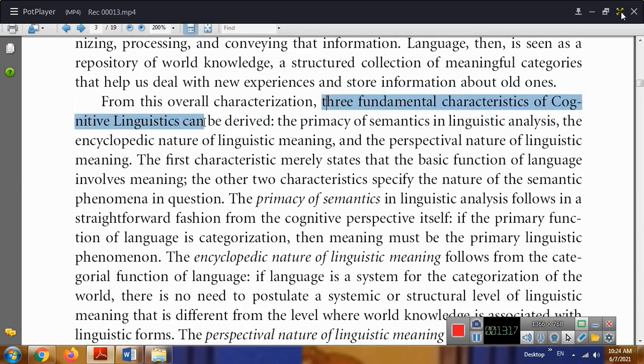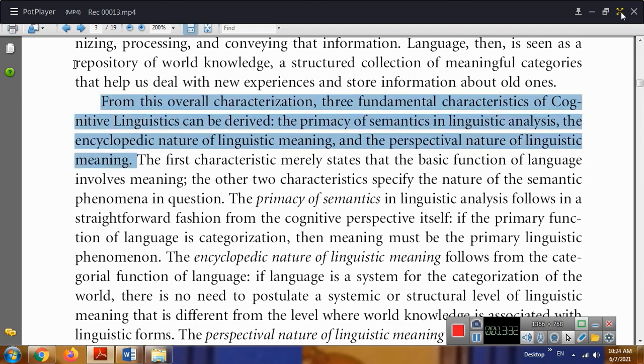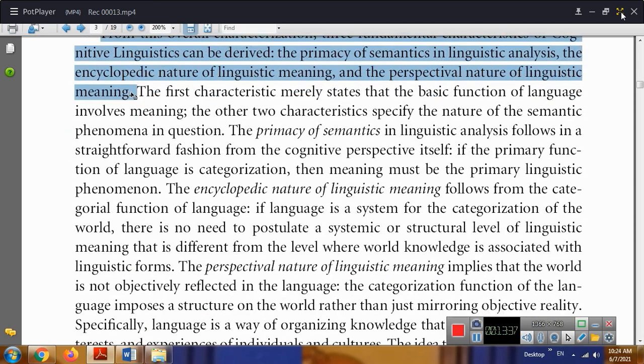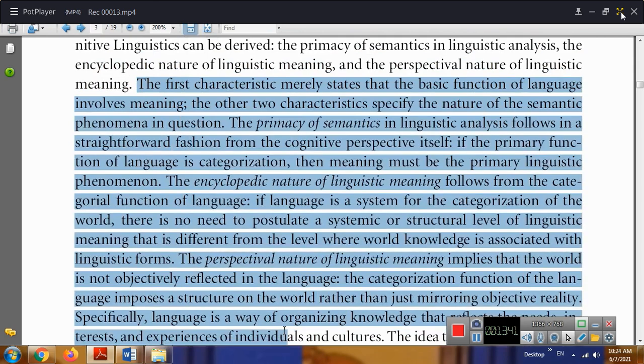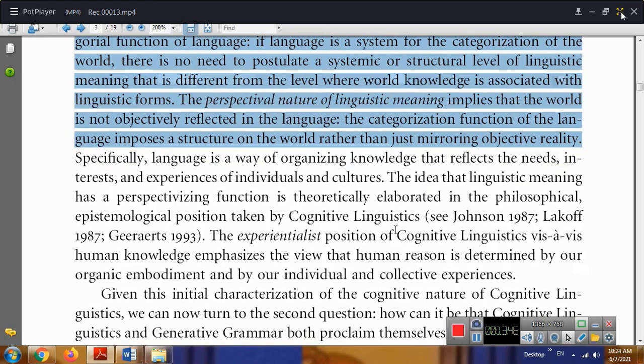These three fundamental characteristics of cognitive linguistics are important: primacy of semantics in linguistic analysis, encyclopedic nature of linguistic meaning, and the perspectival nature of linguistic meaning. You should know their details, which here we read about. Specifically, language is a way of organizing knowledge that reflects the needs, interests, and experiences of individuals and culture.